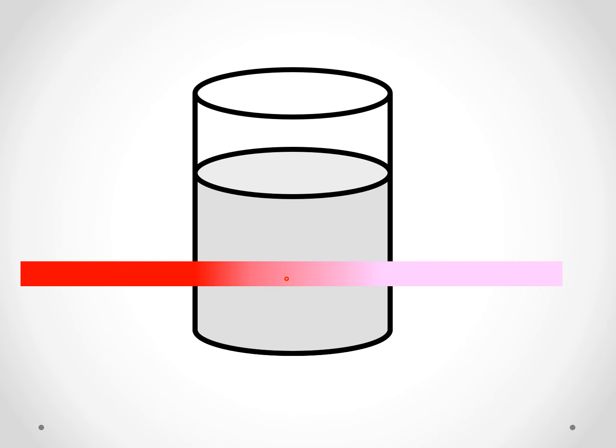Now suppose that I0 is the initial intensity, I is the final intensity, L is the distance traveled by light inside the sample, and C is the concentration of the sample. So I0 is the initial intensity, I is the final intensity, L is the distance traveled by the light inside the sample, and C is the concentration of the sample.